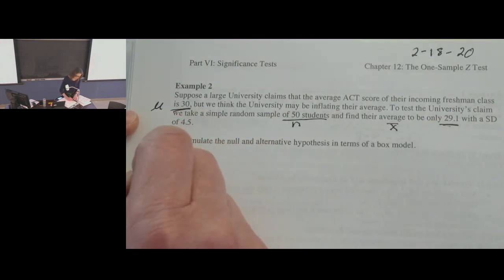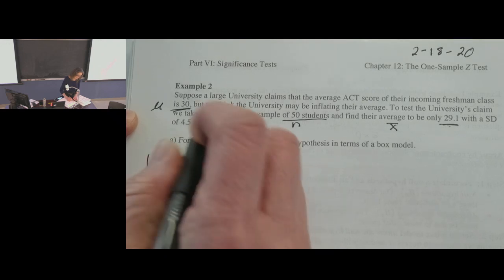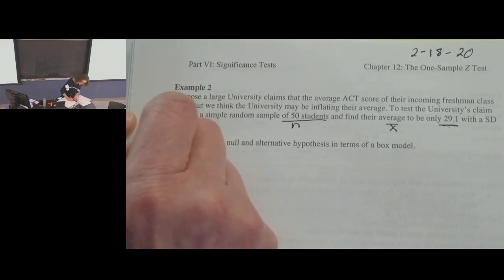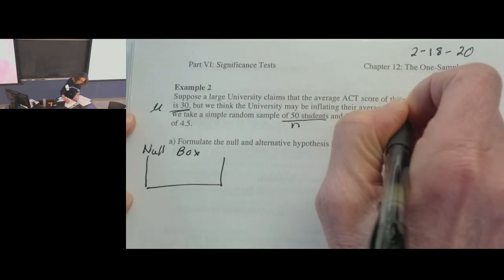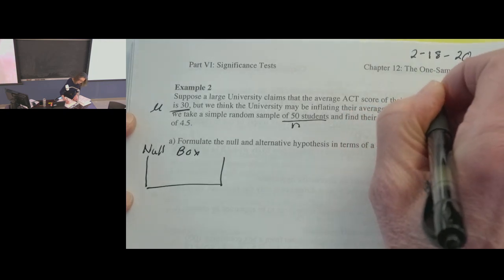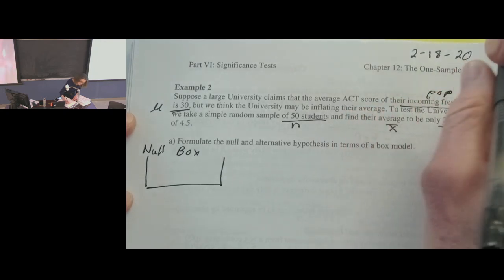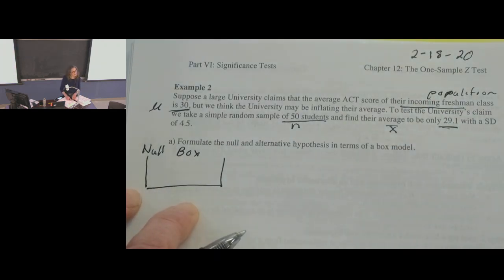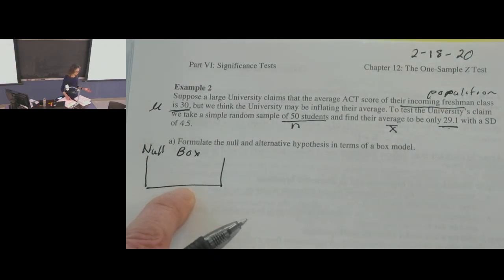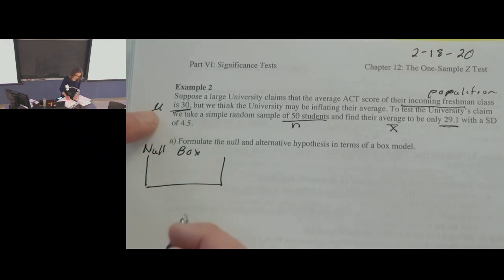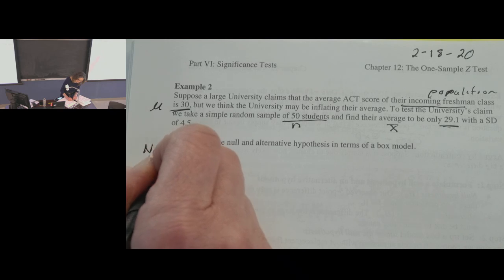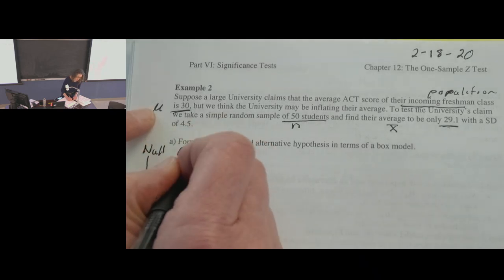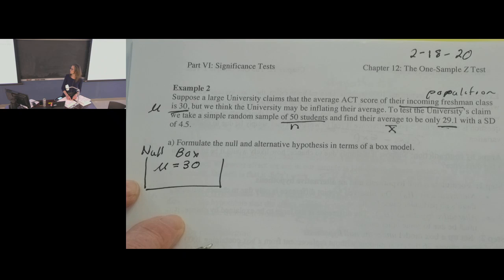Here's the null box, which always represents the entire population. In this case, the entire population is all the incoming freshmen. There are thousands of tickets in this null box, and on each is written some ACT score. The claim is that the box average is 30, and we think it's really less than that.